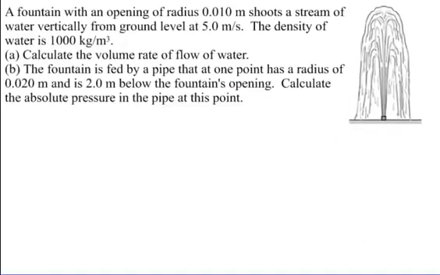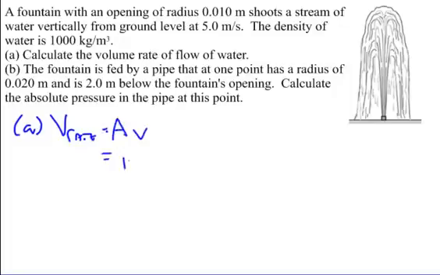Here we have a fountain. It has an opening of radius 0.01 meters. It shoots water directly vertically at 5 meters per second, and the first thing we want to find is our volume rate of flow. My volume rate of flow is of course my area times my velocity.